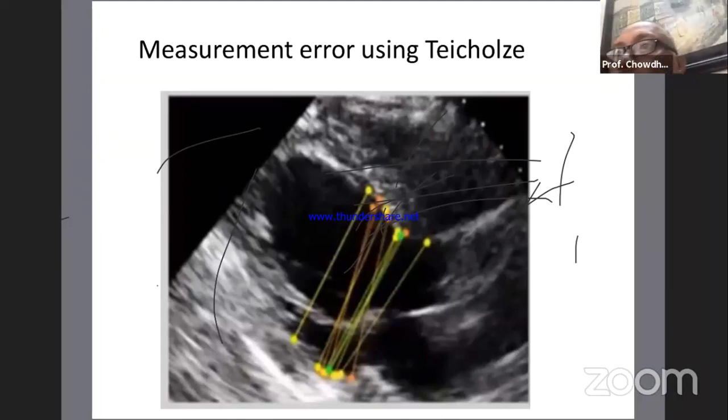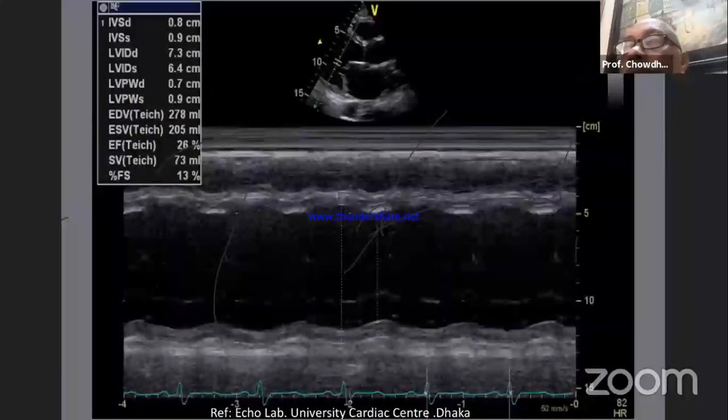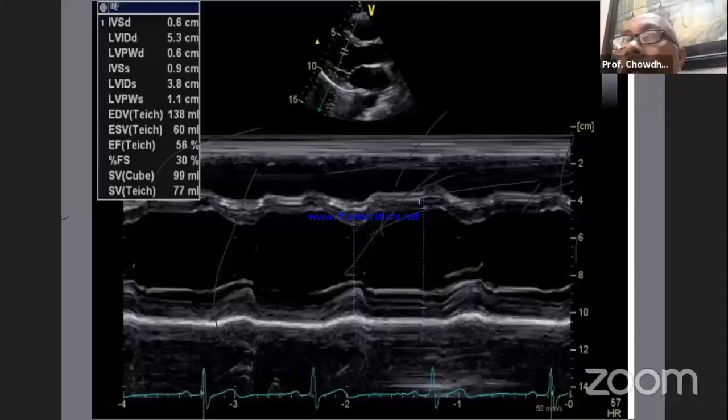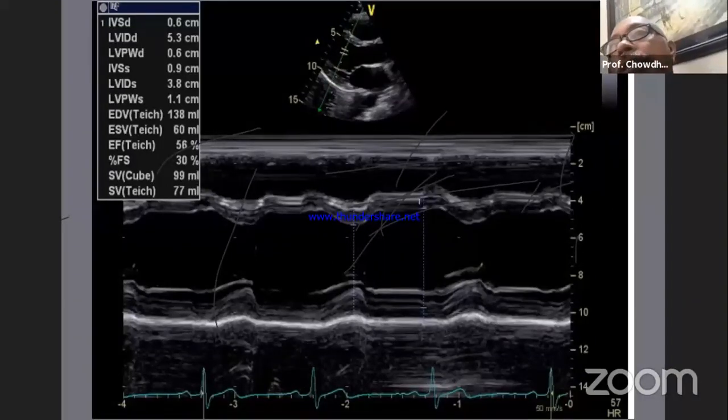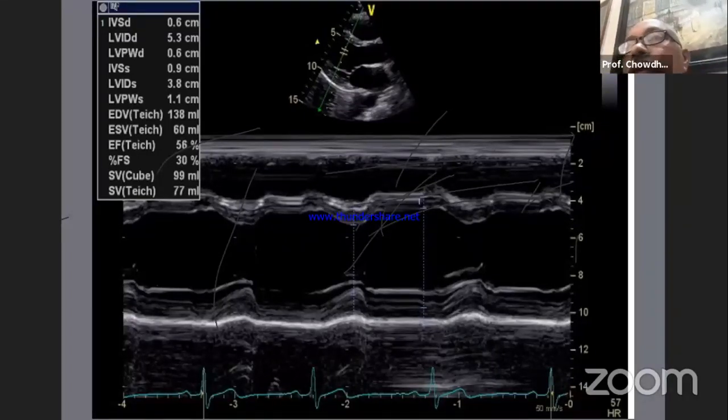One of the reasons for this is probably the base of the septum. If we fail to properly delineate the inner border of the base of the septum, which occurs especially when the patient has a sigmoid shaped septum, then we try to avoid the base and shift our cursor a little towards the apex.